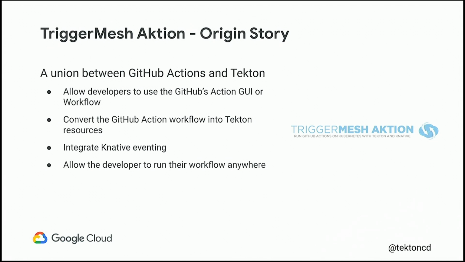The idea being that with that workflow, we can translate that into the various resources that the Tecton pipeline now makes available, and then feed that into your Kubernetes cluster and be able to either experiment with it or even create additional hooks so that it can actually receive external stimuli through something like Knative's eventing service.